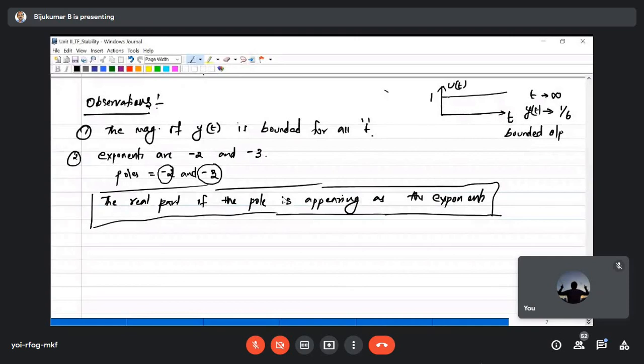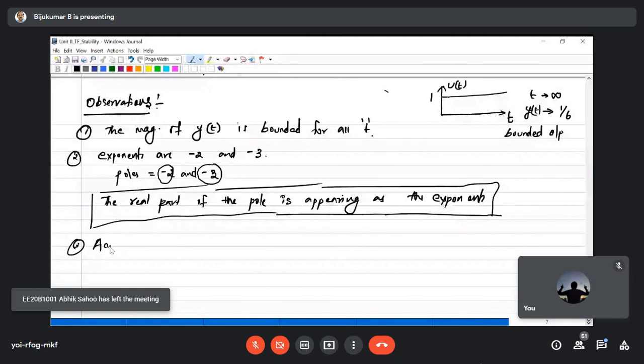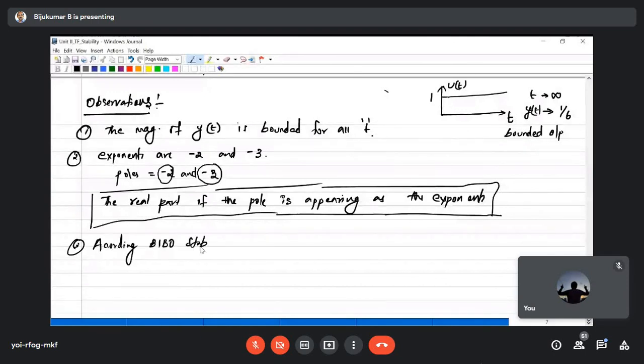So whether the system is stable or unstable according to BIBO stability? Stable, sir. Yes. So according to the BIBO stability concept, the given system is stable.